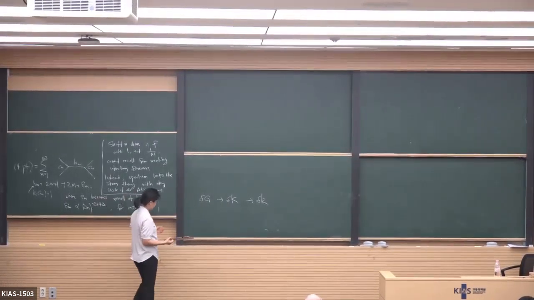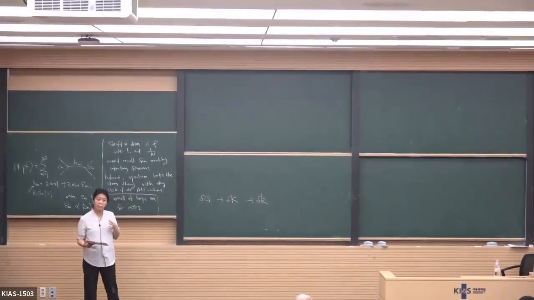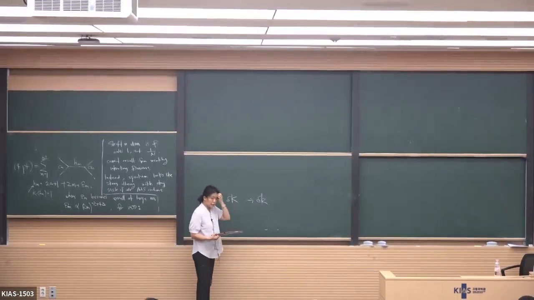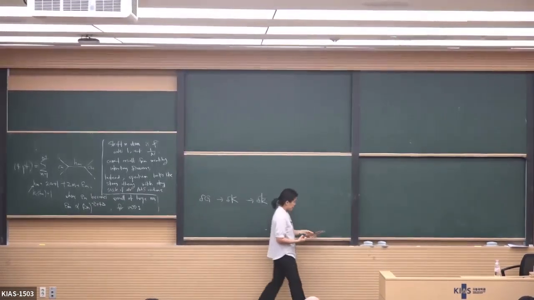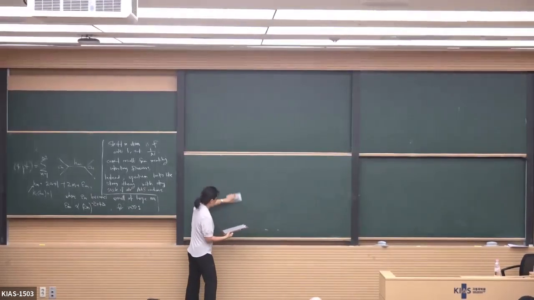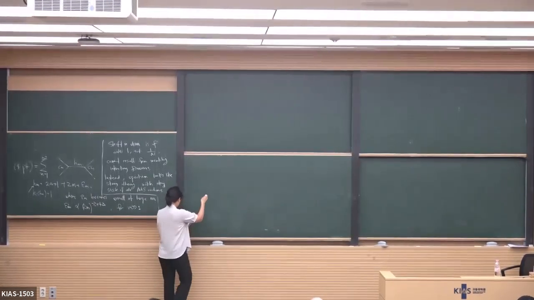Or you could use an effective field theory approach and use the Schwarzian action. I'm going to take the second route in this lecture and derive the large part of the 4-point function using the Schwarzian action.